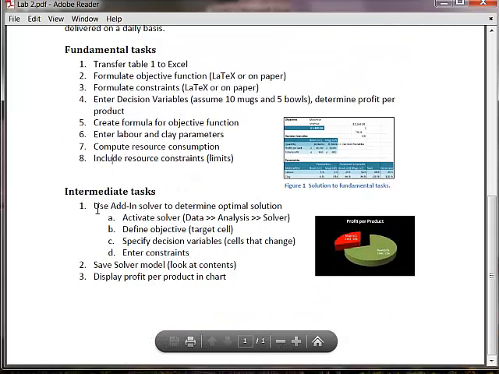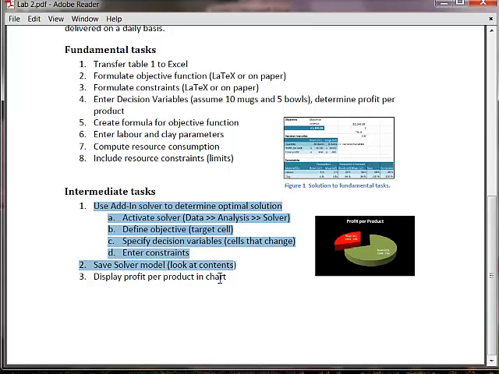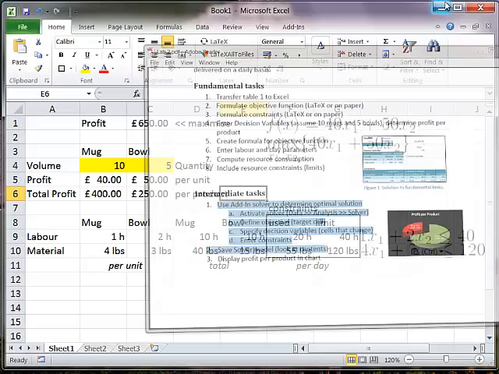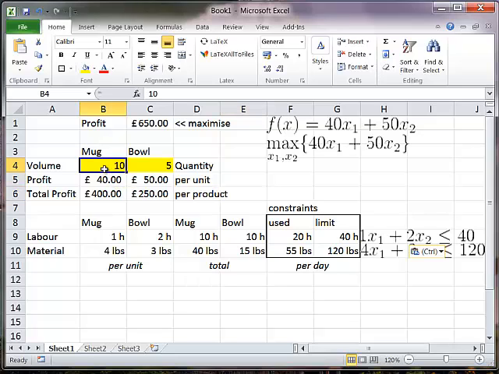Now the next set of tasks is actually to use Solver to determine our decision variables. That means the number of mugs and number of bowls. So these two, that's x1 and x2. Good.